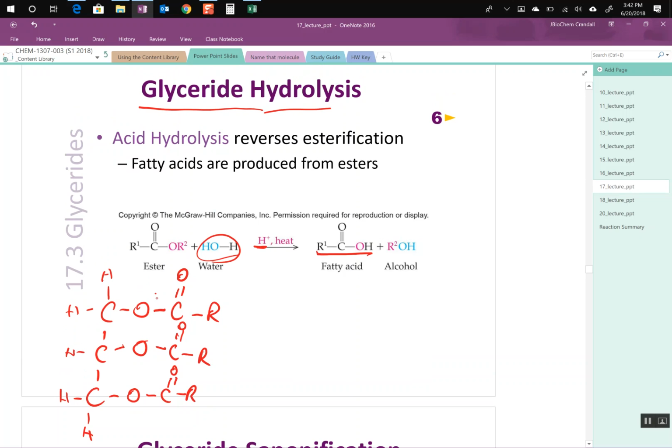When we cleave here, we're going to allow that acid to come off and an OH to go back on. So we'll be able to put those back into a glycerol, and the fatty acids will come off. Okay, so that's through acid hydrolysis, or water hydrolysis in the presence of acid.